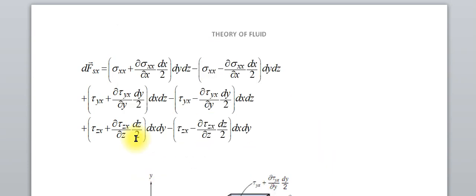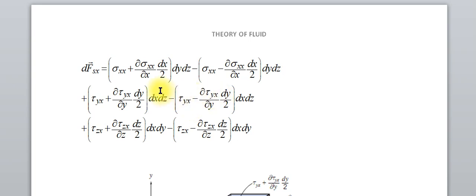On the positive y plane it is positive, and on the negative y plane there will be negative. But as the outward normal is in the opposite direction of the stresses direction, that's why we will have minus. So this will be the net stresses in the x direction on the y plane.